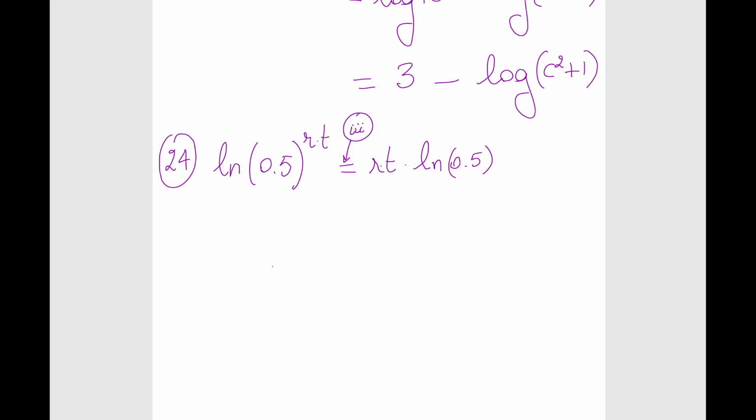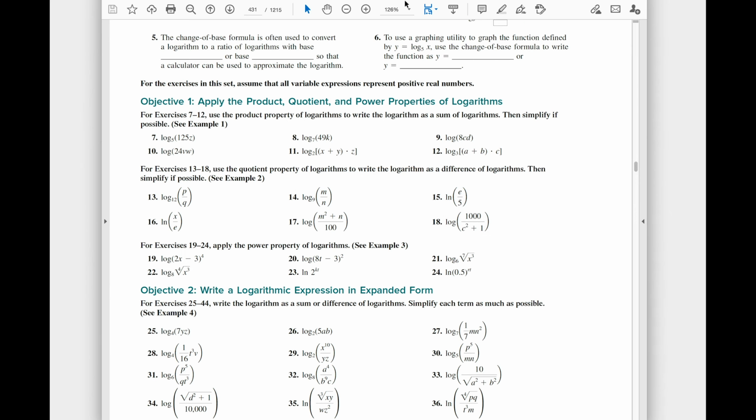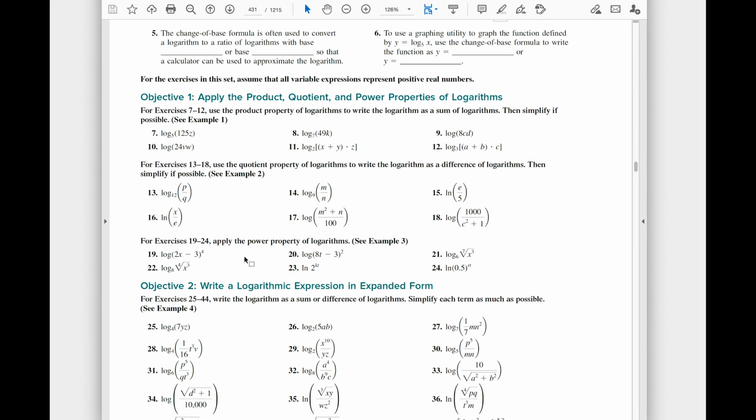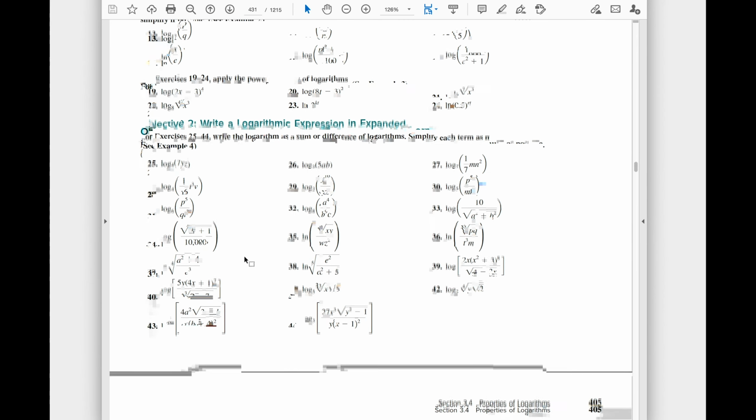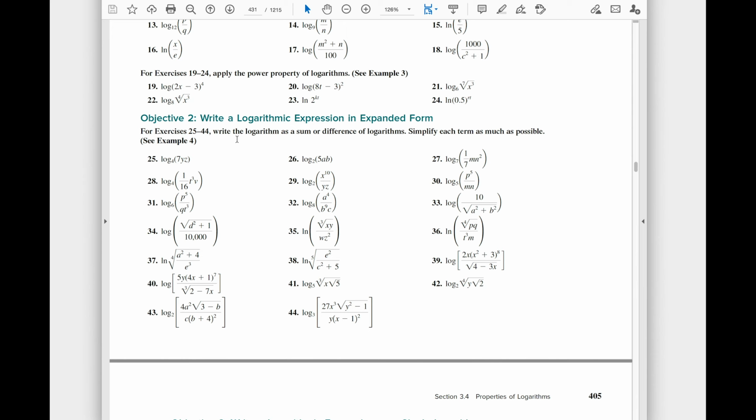All right, back to the book. So now the next set: write the logarithm as a sum or difference of logs. Simplify each term as much as possible. How about we choose number 36?